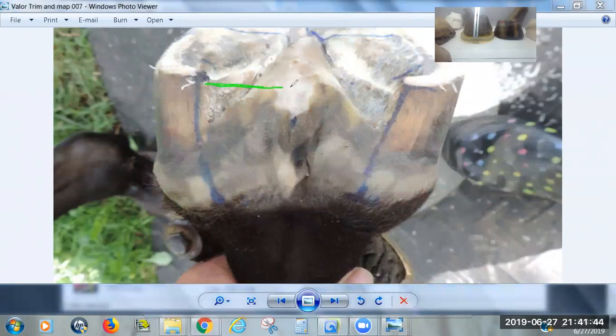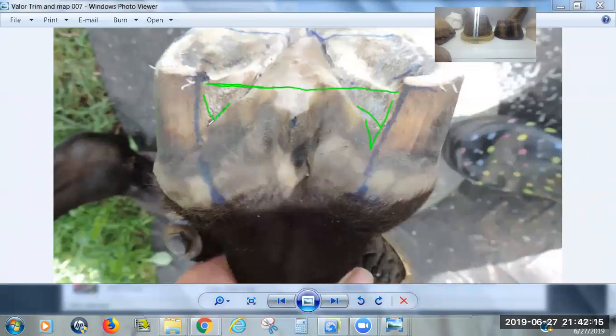See the top of the frog there? I've only cut it out in here so that the foot would continue to expand and release back here, and the distorted frog wasn't holding it under. But if I wanted to keep going, I could trim this out right down into here.